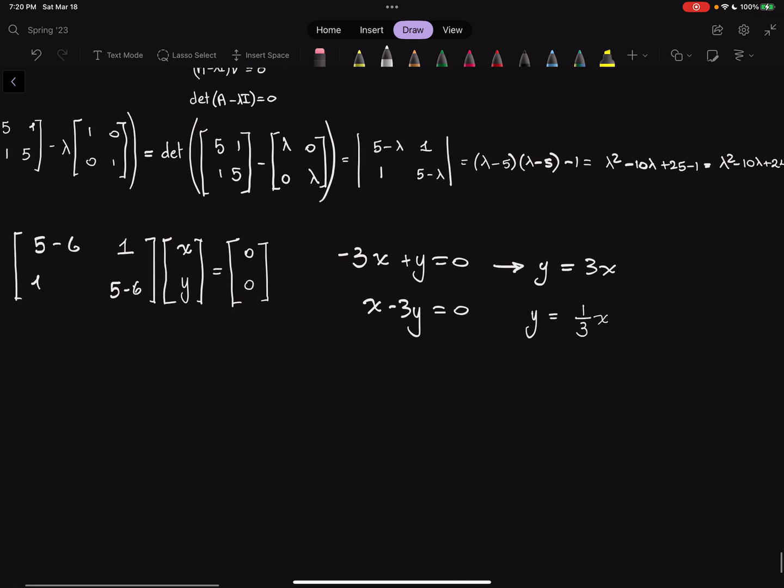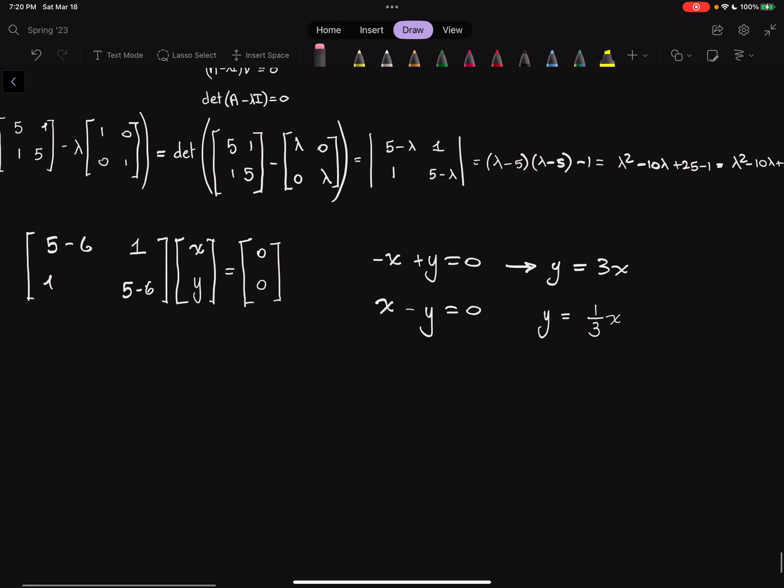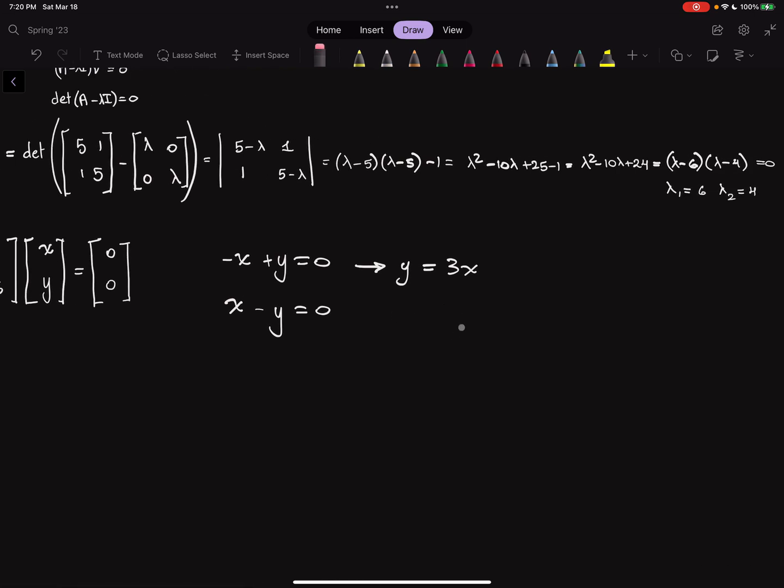And what we get is x plus y here, and on the top, we get negative x plus y. The bottom here, we actually get a -1, so the coefficient of y becomes negative. And so now this is consistent, and we have basically the same equation.